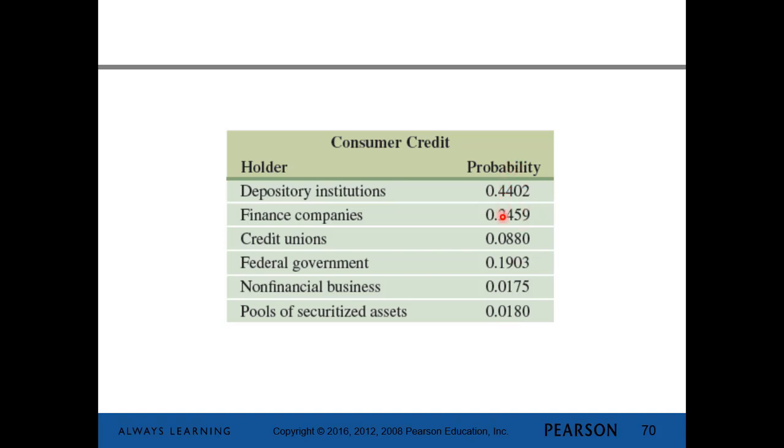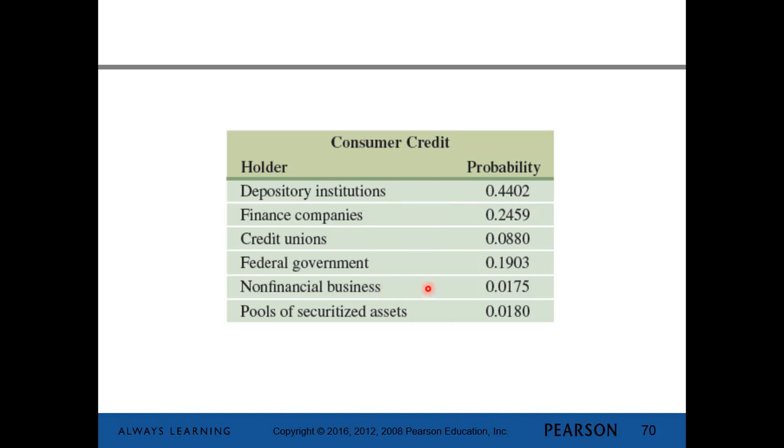So if we add these up, we get 0.6, 0.7, 0.81, 0.89, 0.93, 0.97, 0.98, 0.99, 0.998, 0.9988, and 0.9999, which is close enough to 1. And so we have a valid probability distribution.